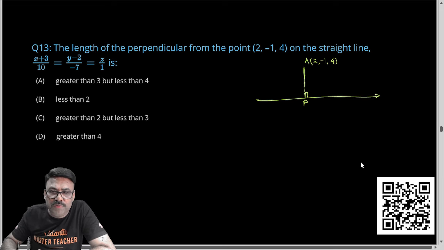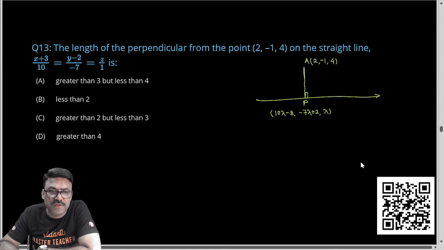So I can choose P as (10 lambda minus 3, minus 7 lambda plus 2, lambda). Any general point on this line can be taken as 10 lambda minus 3, minus 7 lambda plus 2, and lambda.